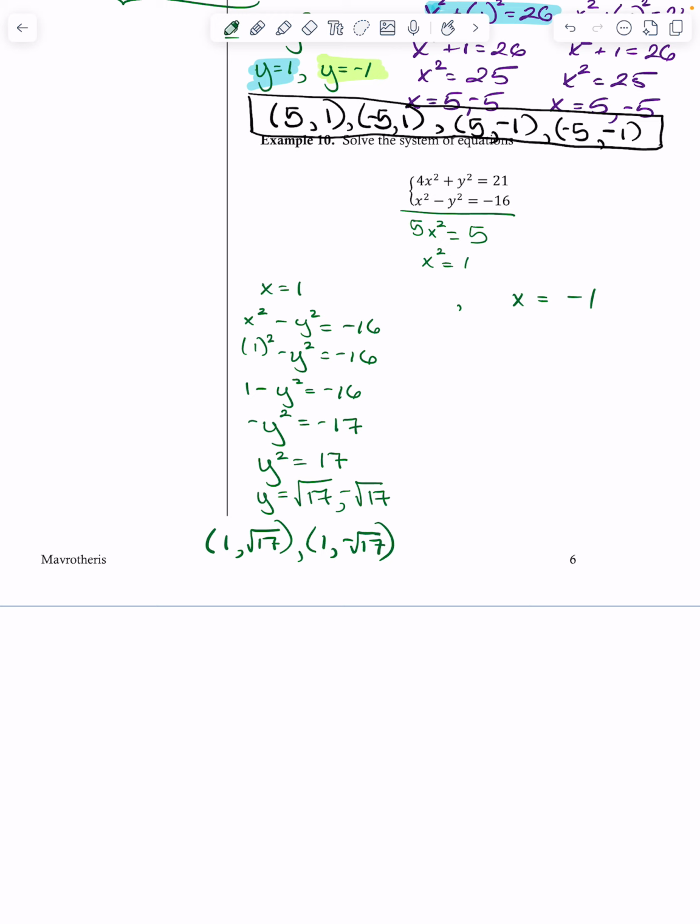So when x is 1, y could be square root of 17. When x is 1, y could be negative square root of 17. And we're going to get something that looks awfully similar because when I square -1, I'm going to get the same thing as when I square +1. So from this point on, it's going to look exactly like what we had to the left.